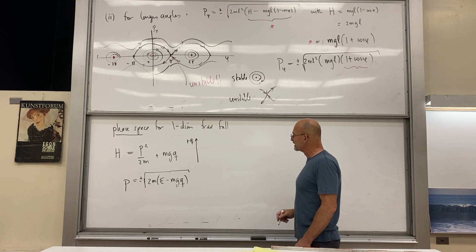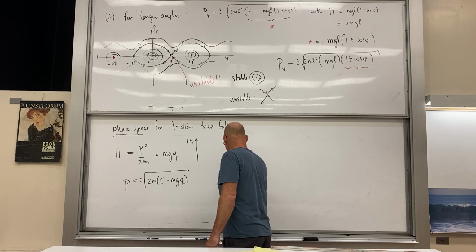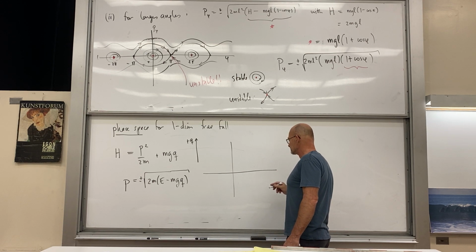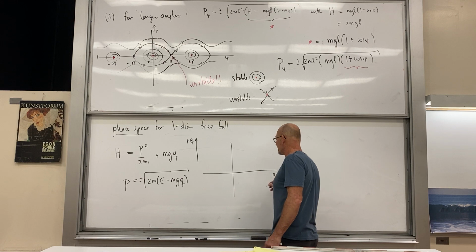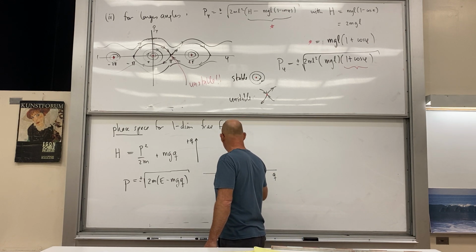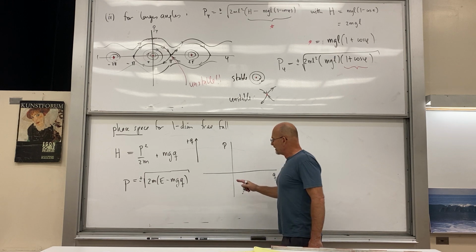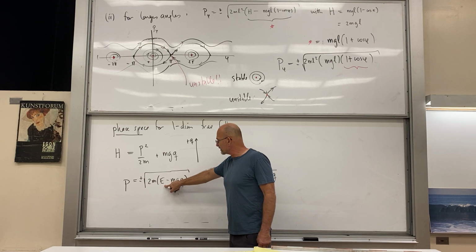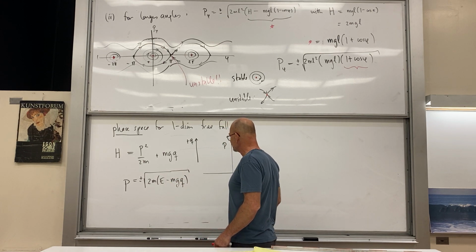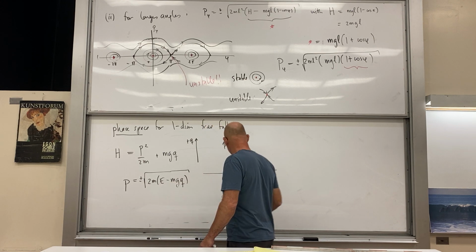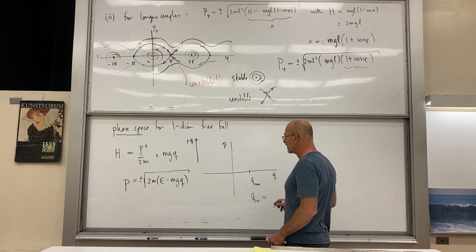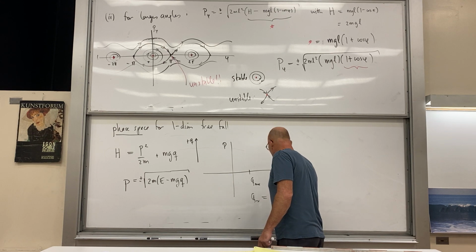So let's graph that. P of Q. Q and P, good. So when mgq is equal to E, that's the maximum value, not of P, but of Q. So I'll write Q sub max, and Q max is equal to E over mg.